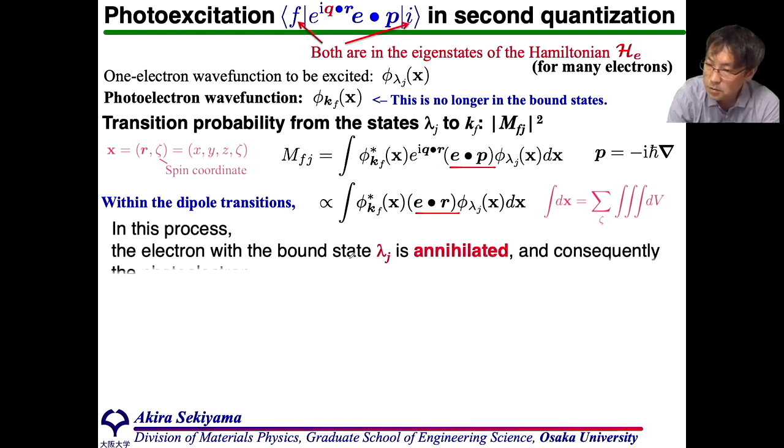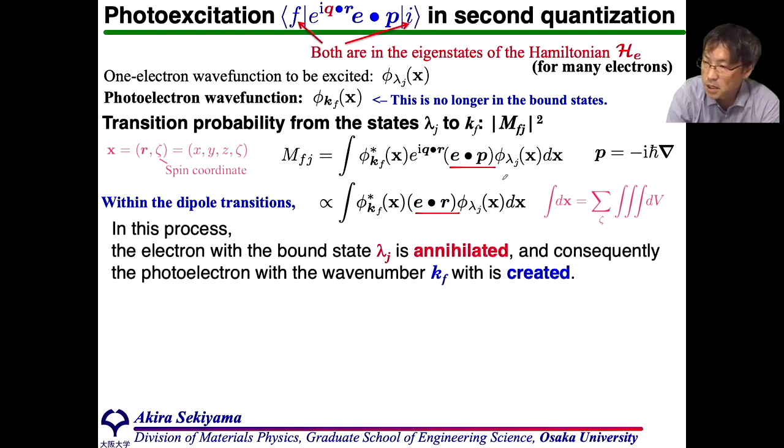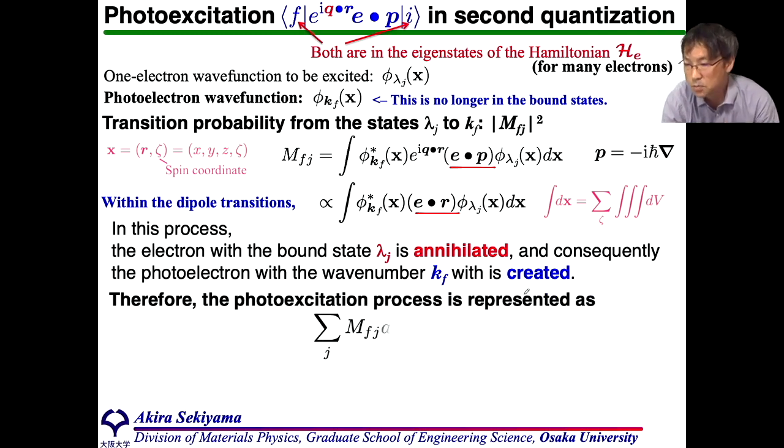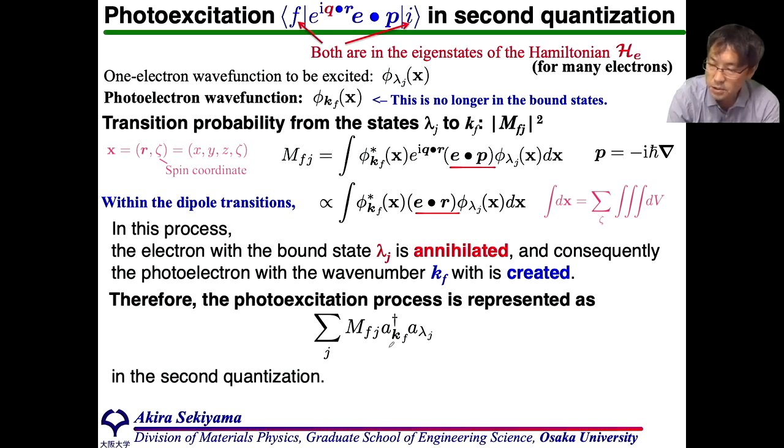In this process, this is the same as annihilation of the occupied state lambda_j and creation of another, unoccupied state kf. Therefore, the photoexcitation process can be expressed by using the annihilation operator a lambda_j and creation operator a kf dagger in second quantization.